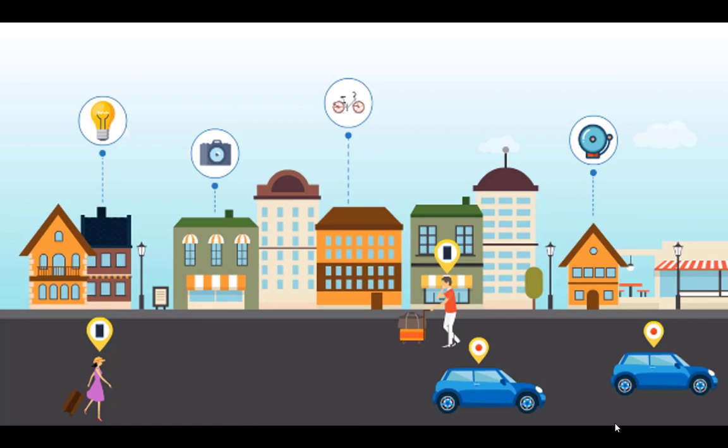But nowadays, we want devices to connect to devices. In the picture, you can see a person is connected to a person, and a person is connected to a device. And on the road, you can see a car, a device, connecting with another car. Means device to device connection is also available.